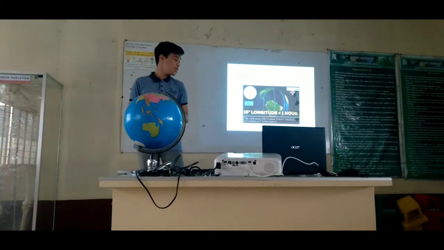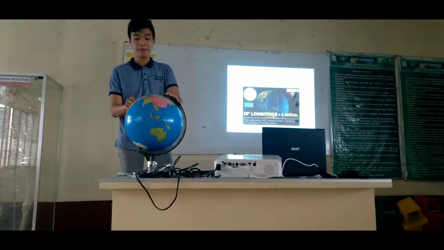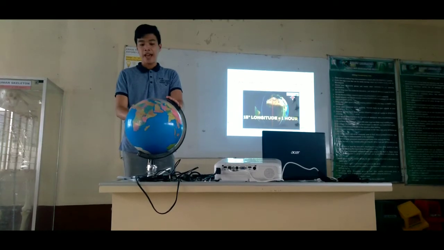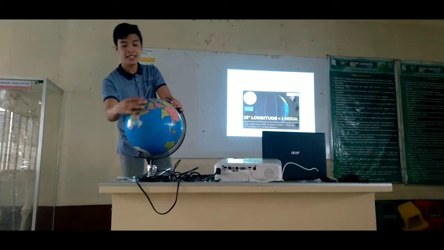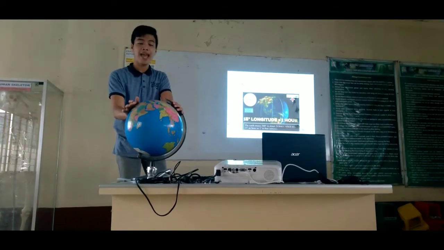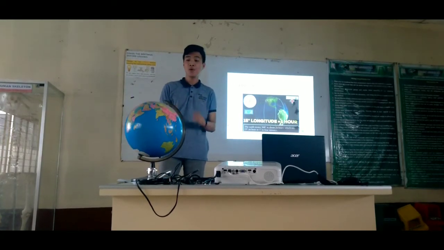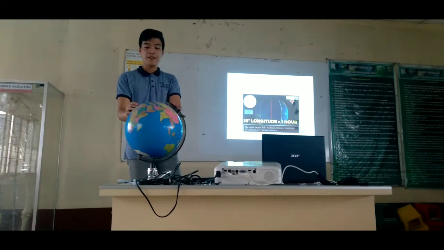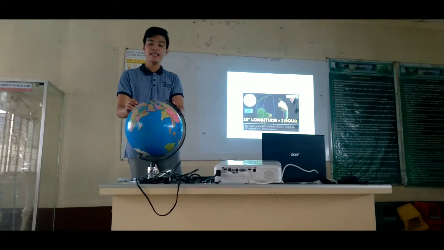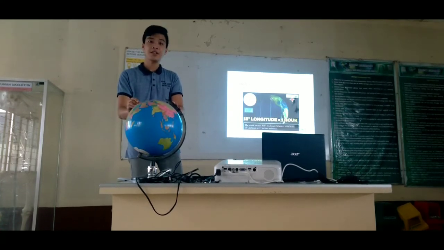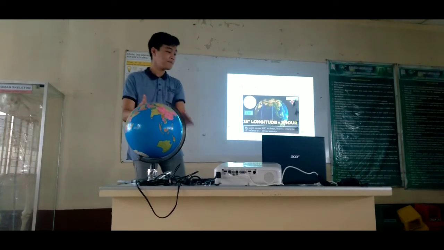From this image here, as you can see within this globe, class, remember that every 15 degrees longitude from the prime meridian has the same time and date. 15 degrees is equivalent to 1 hour. So 15 degrees from the prime meridian is 1 hour ahead, and another 15 degrees is another hour ahead. Remember that, class?